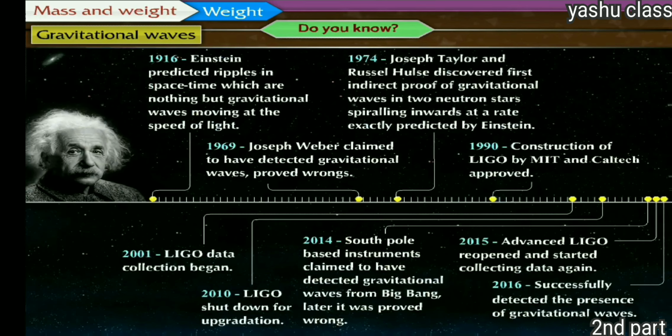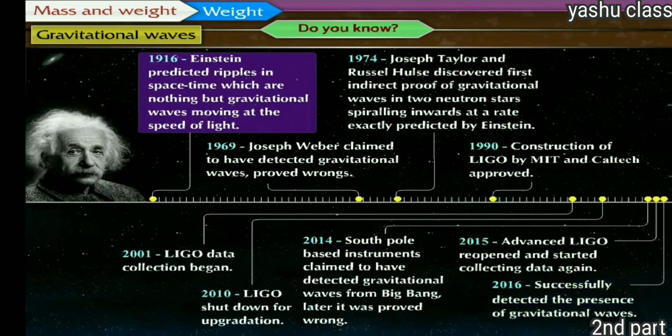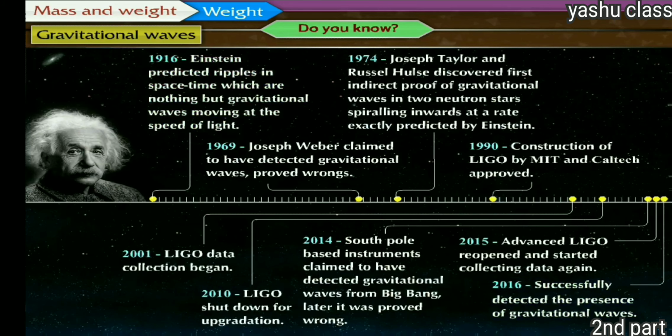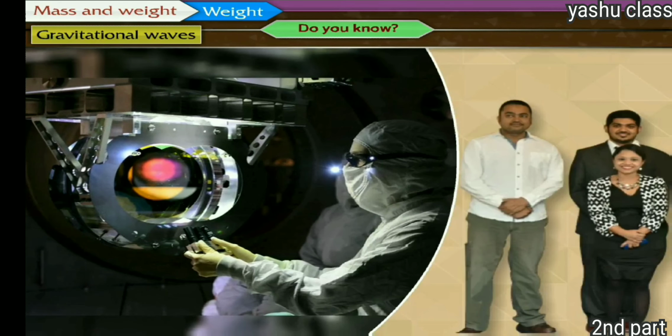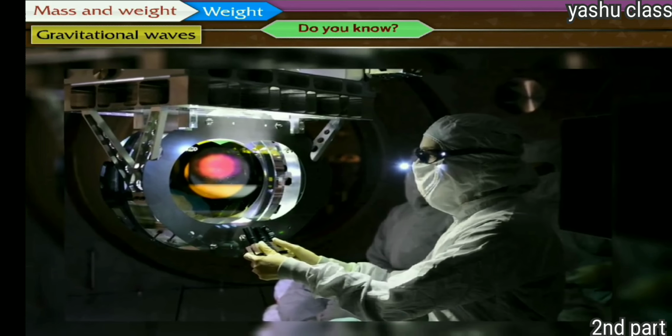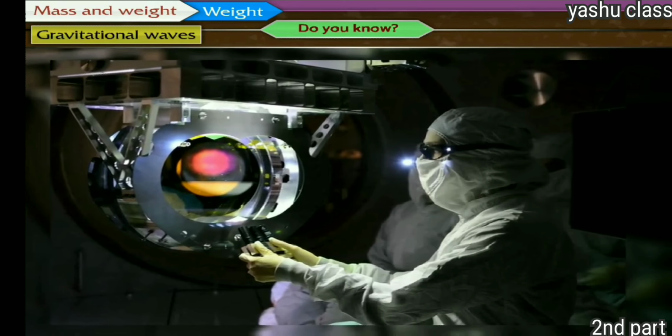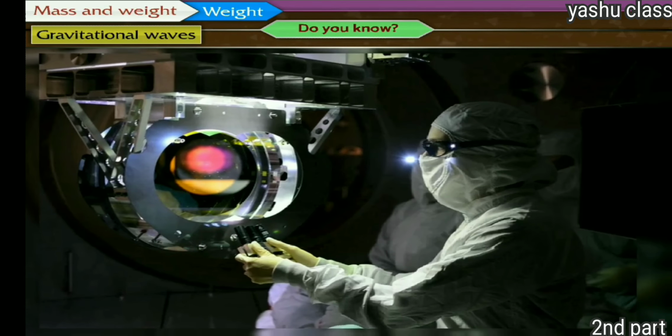After 100 years of Einstein's prediction, scientists detected these waves coming from an astronomical source. Indian scientists have contributed significantly in this discovery. This discovery has opened a new path to obtain information about the universe. Come, let us now solve some numerical examples based on this topic.